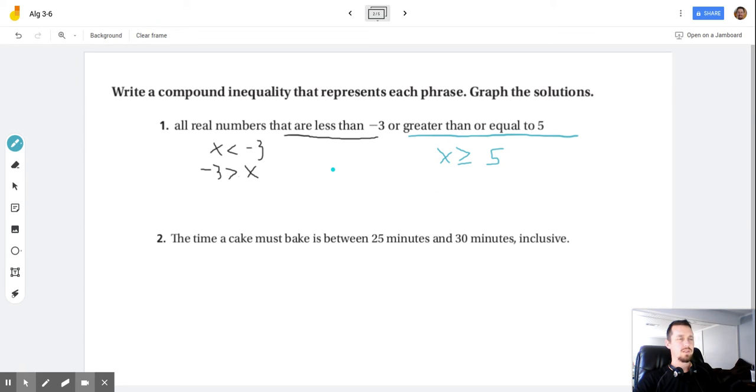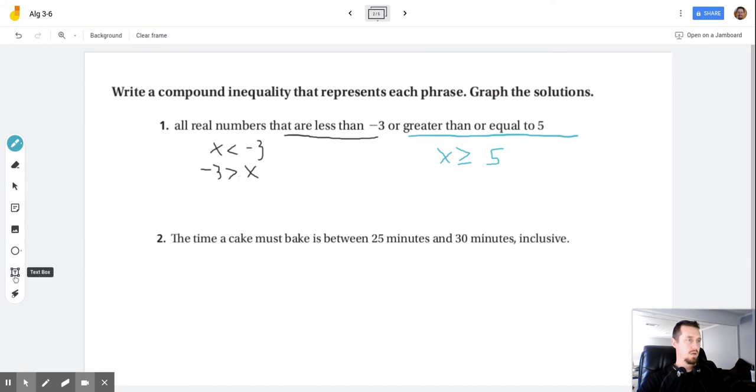So how do we write this as a compound inequality? Well, for situations where you have or, we are going to write it actually using the word or. You can just write these two inequalities and then put the word or between them.